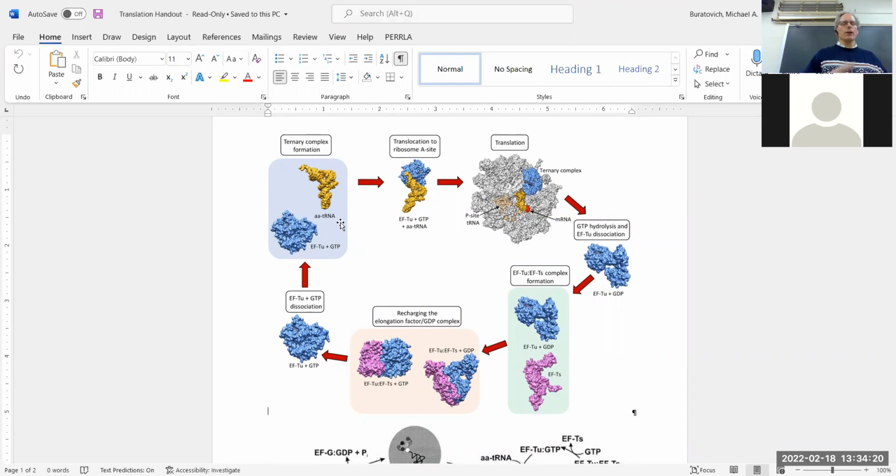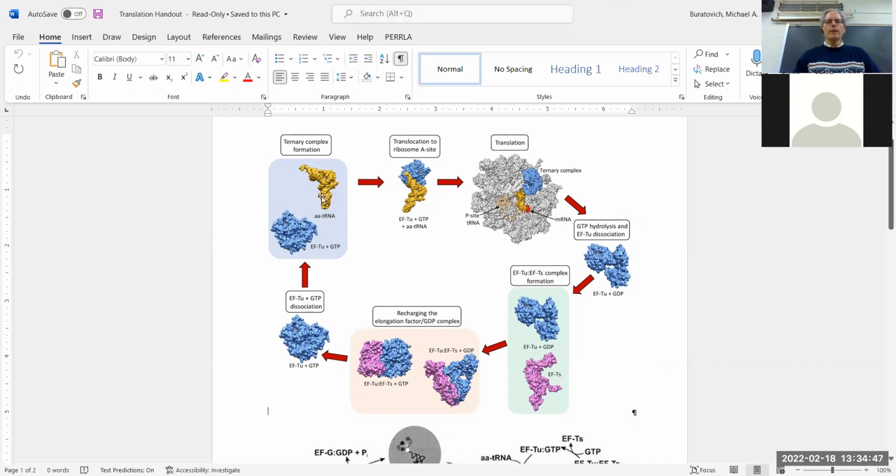You're past initiation. You have a methionine tRNA at the P site. You have an open A site. The two ribosomal subunits are together. The AUG start codon is at the P site. And now you have an open A site.